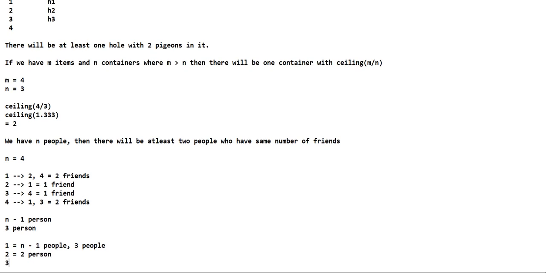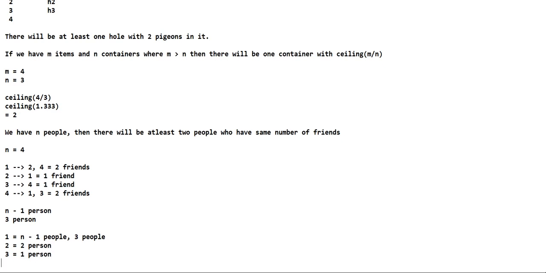Person number 3 is friends with 1 other person. And for person number 4, the maximum you can be friends with is n minus 1, only 3 people. So the number of friends you can have is either 1, 2 or 3.